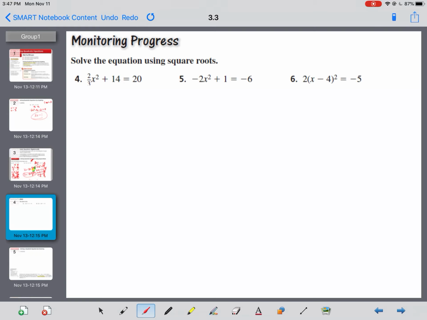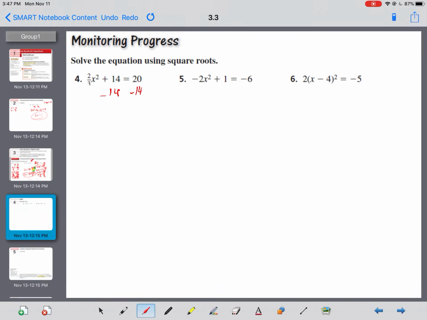Okay, so solve using square roots. We have to do it that way. We don't have a linear term in 4, so give 4 a try. Pause, give 4 a try, and come back and see the answer. Okay, here we go.